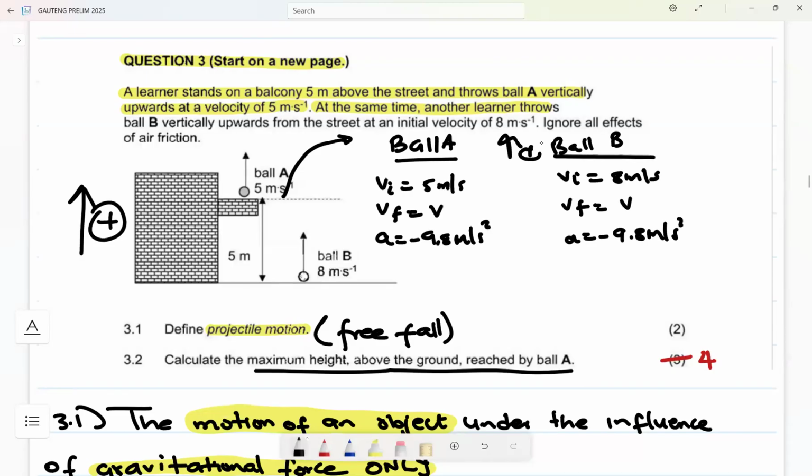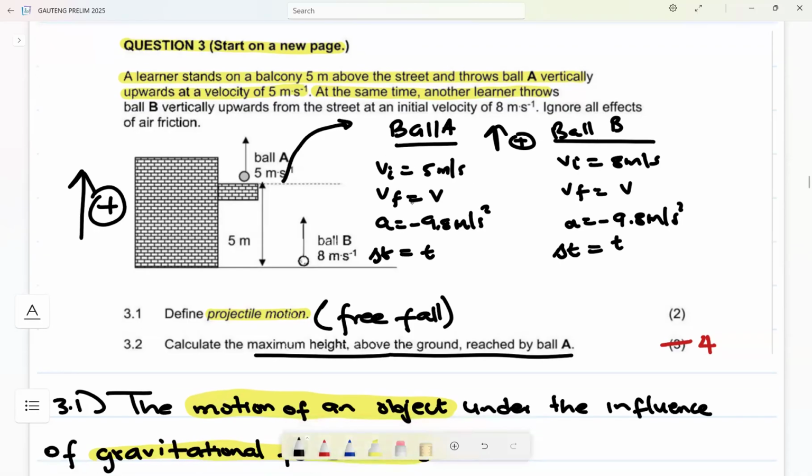Remember, we choose upwards as positive. Then I need one variable, time. Let me make the change in time equal to t because they moved at the same time. When this one was thrown, this one was also thrown.